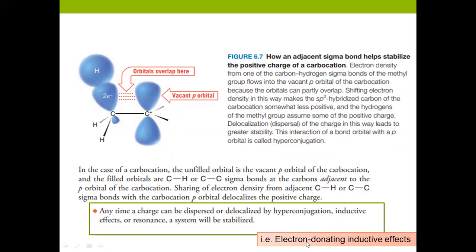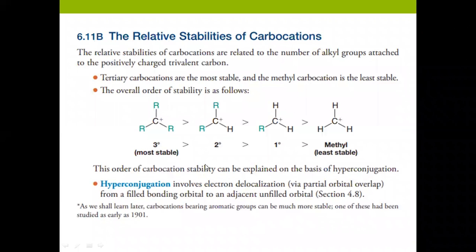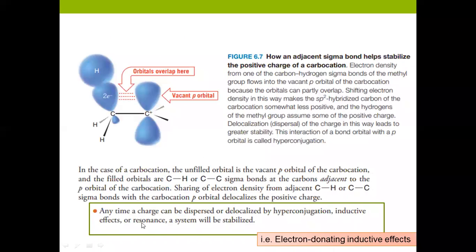Okay, again, another way is the electron donating inductive effect. The electron density is simply induced from the R groups toward the carbon, so that the positive charge is dispersed. And of course, the third way is resonance.